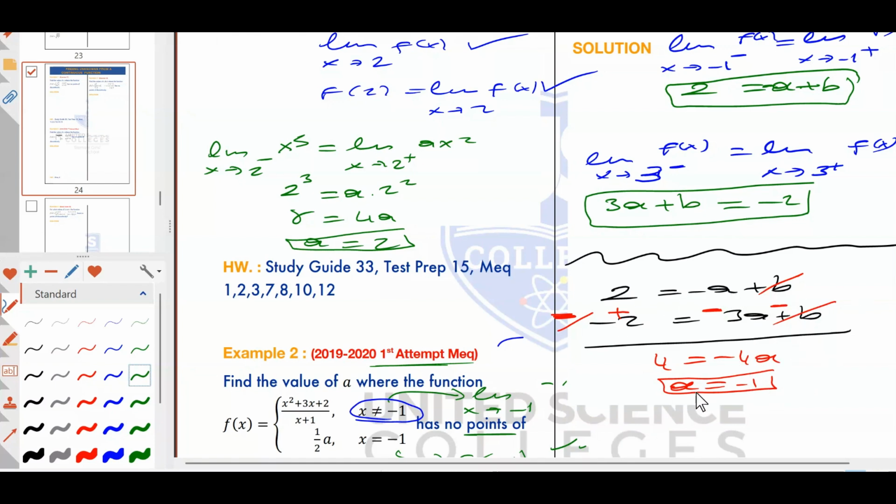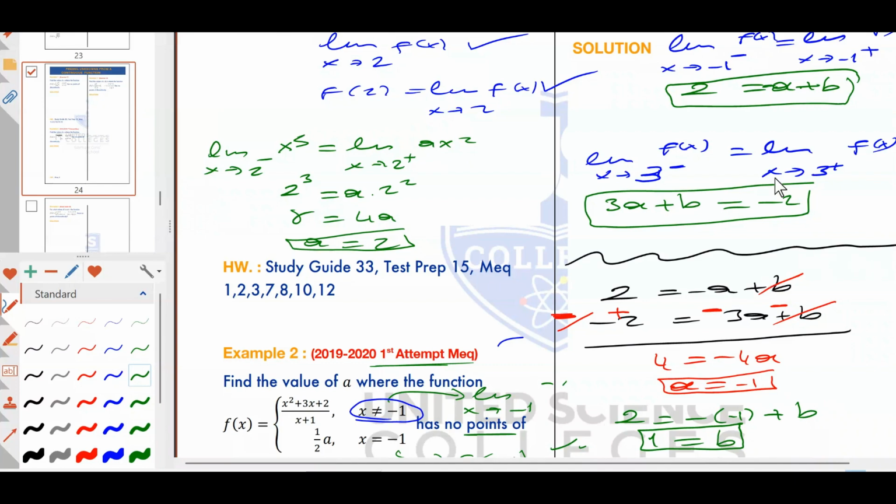So let me use the first one. 2 equals -a, which is -1, plus b. So negative negative makes +1. 1 to the other side, 1 equals b. So a is -1, b is 1. Okay.